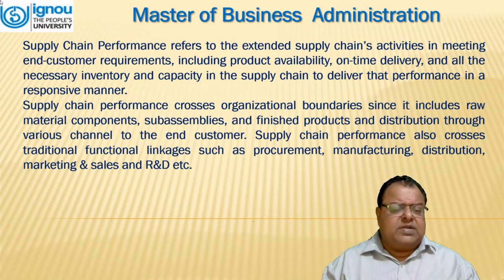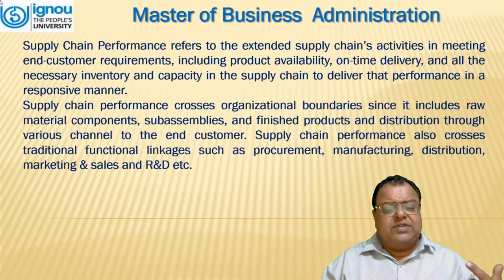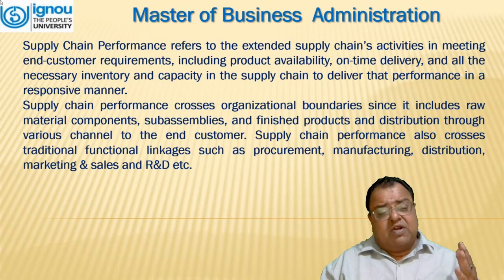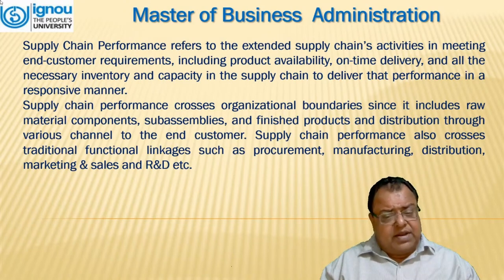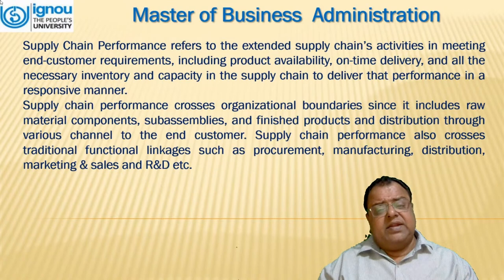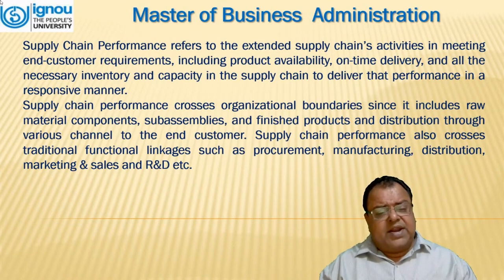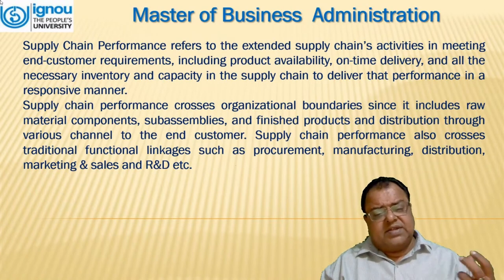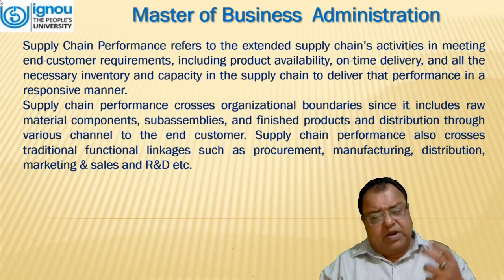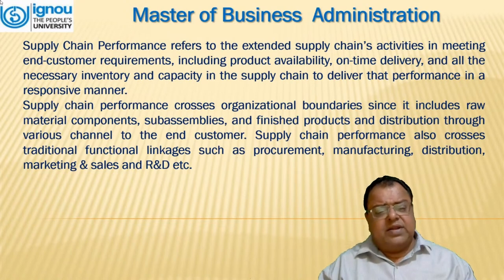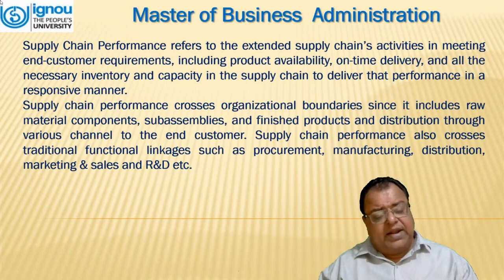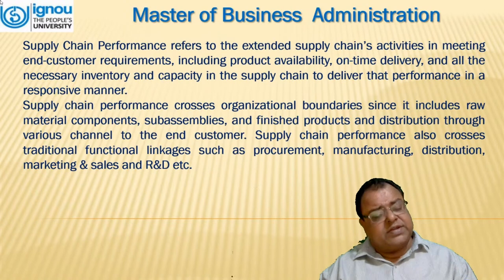Supply chain performance crosses organizational boundaries since it includes raw material component, sub-assemblies, and finished products, and distribution through various channels to end customers. It also crosses traditional functional areas such as procurement, manufacturing, distribution, marketing and sales, and research and development, etc.